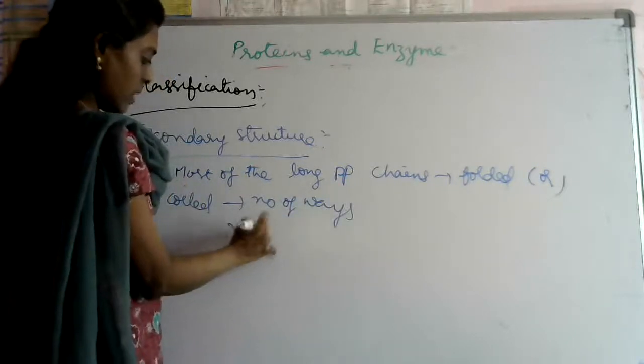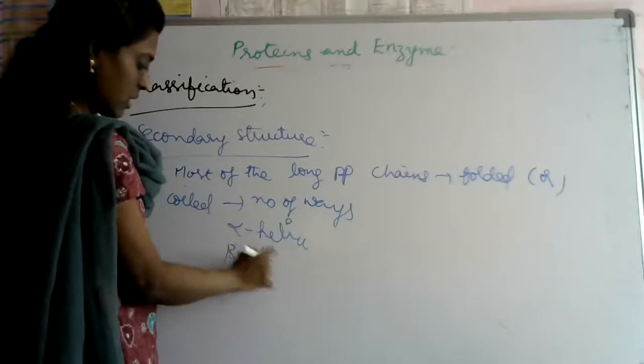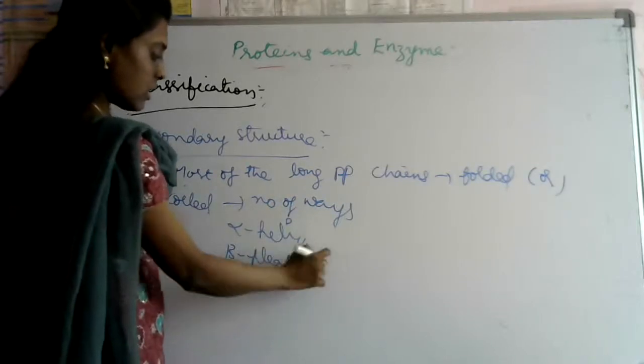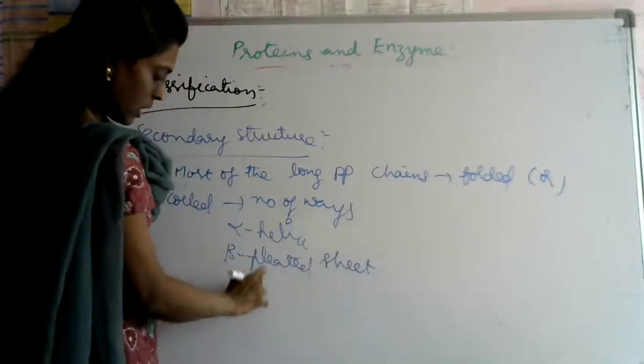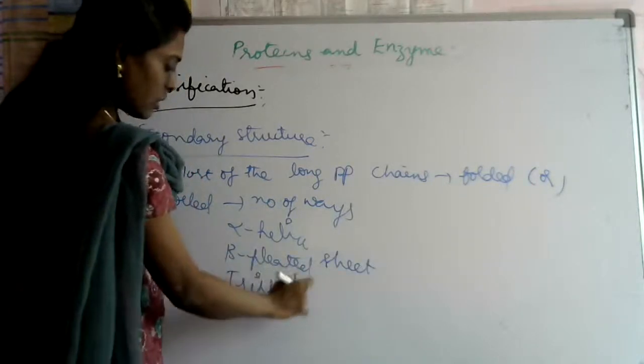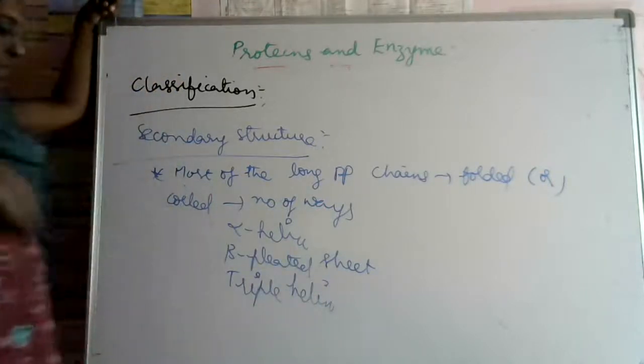They are nothing but alpha helix, beta pleated sheet, and another one, triple helix. Three types are there: alpha helix, beta pleated sheet, and triple helix.